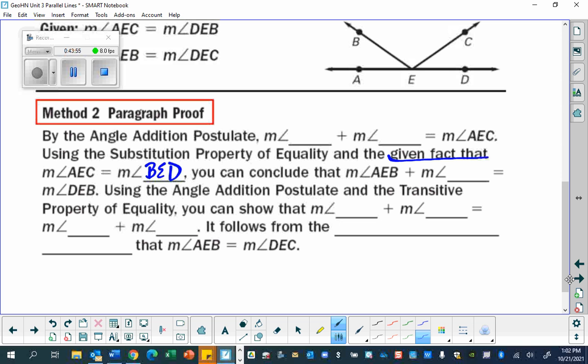Hey, by the angle addition postulate, the measure of the angle AEB plus the measure of angle BEC is equal to the measure of angle AEC. Using the substitution property of equality and the given fact that AEC and BED have the same measure, you can conclude AEB plus BEC is going to be equal to DEB.